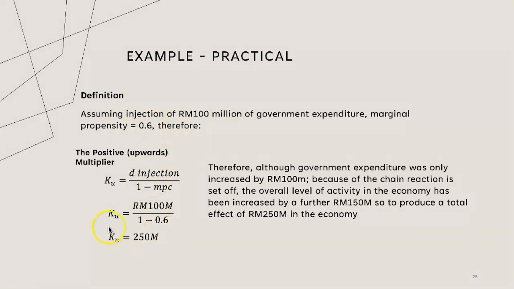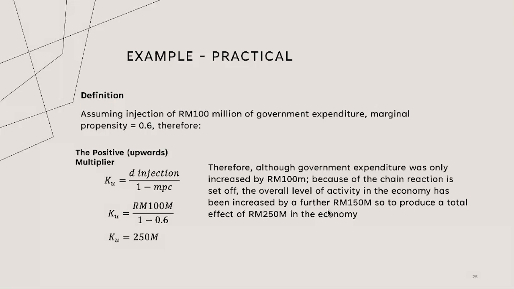Then we will get the value of KU, or the positive multiplier, which is 250 million. Therefore, although government expenditure was only increased by 100 million, because of the chain reaction that is set off, the overall level of activity in the economy has been increased by a further RM 150 million.